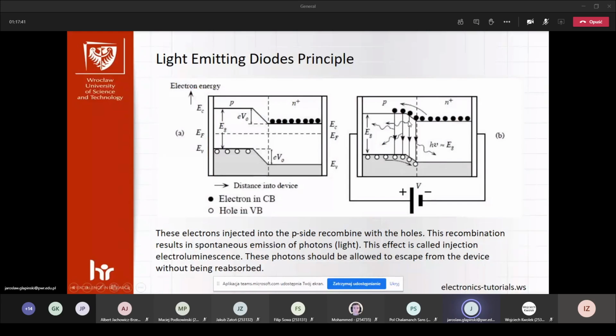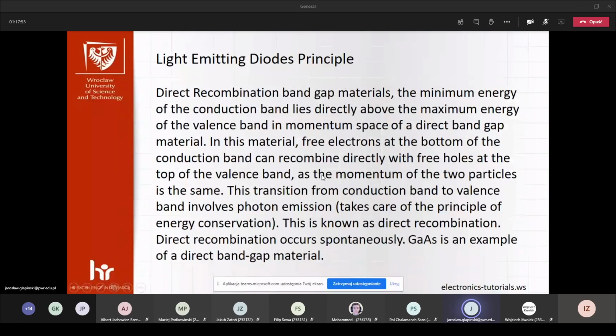So this process is called recombination. The recombination needs to have the proper energy for different wavelengths. We've got two possibilities. One is direct recombination, where we've got this band energy.